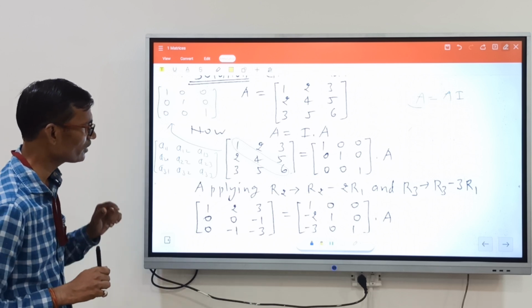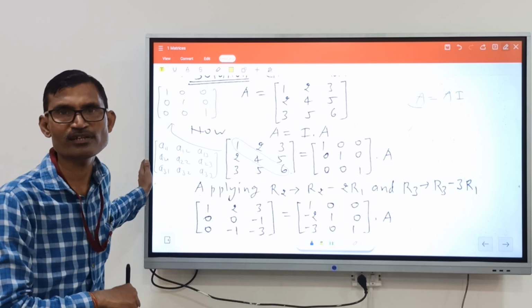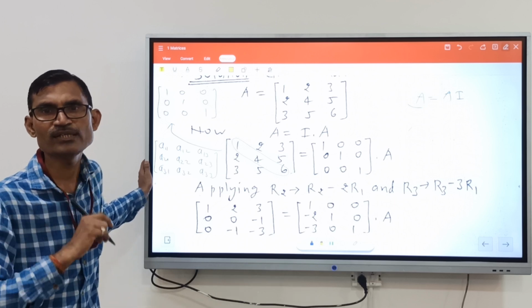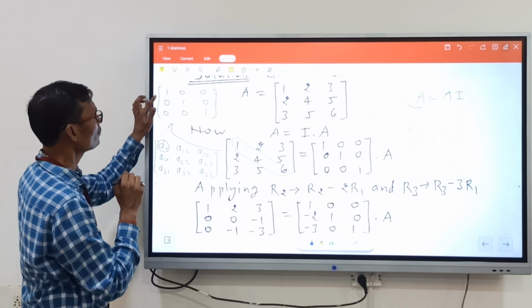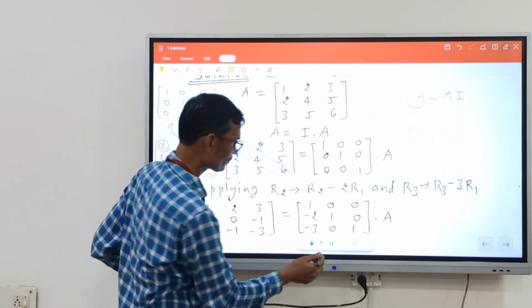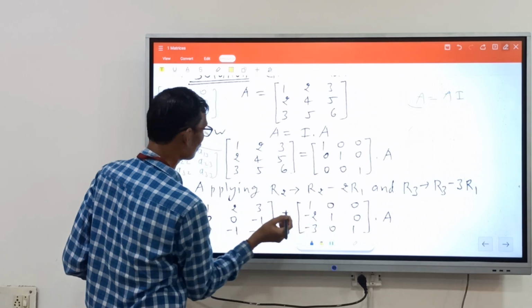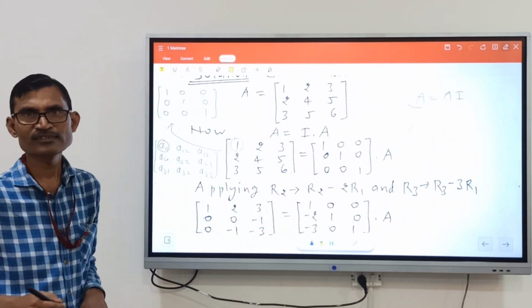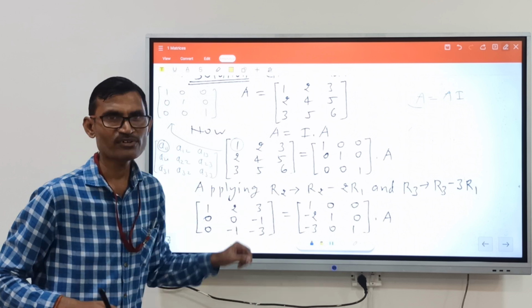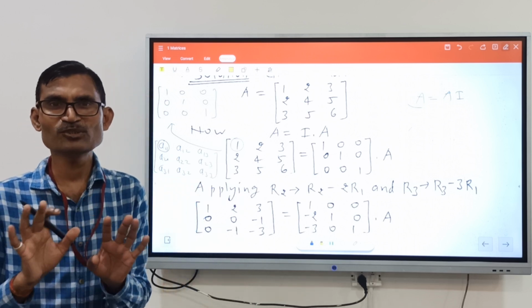So what we do here, we firstly convert the first diagonal element A11 into 1. So we have to make this element 1. In our example it is already 1, so we don't need to bother about that.